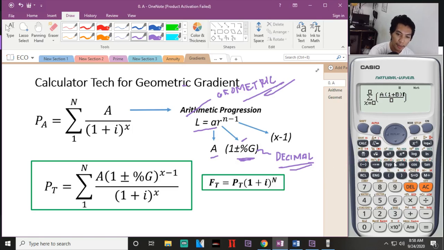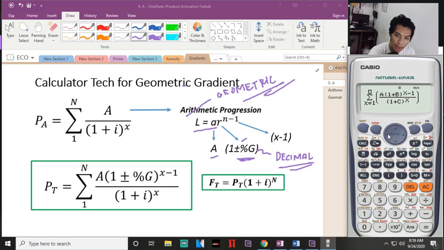And then, erase mo as alpha x minus 1. As is, hindi mo mabaguhin si x. Okay? Yung baba, 1 plus alpha c raised to alpha x. As is na naman si x, you will start with 1.